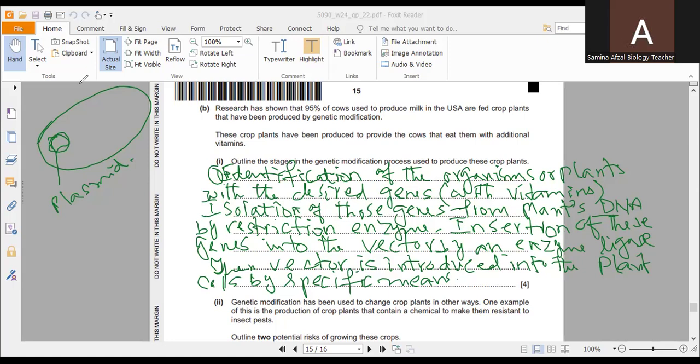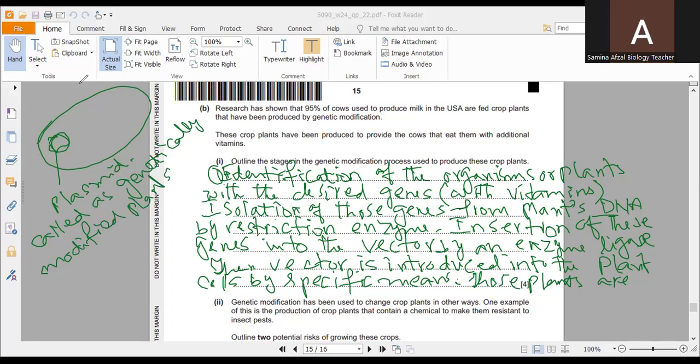And then you can see at the end, we can see the transgenic plants, those plants are called genetically modified plants, and will express the desired traits.